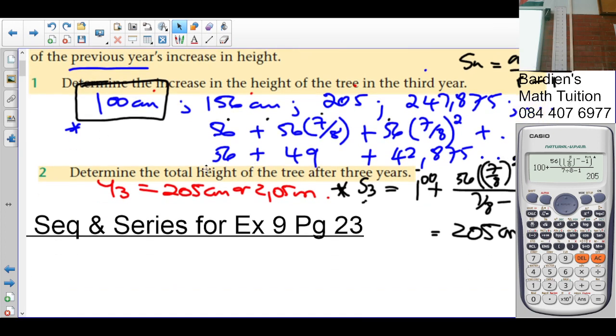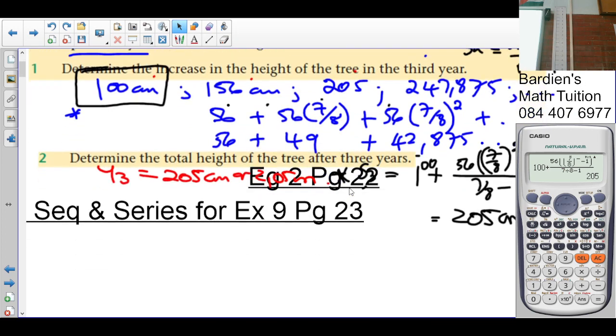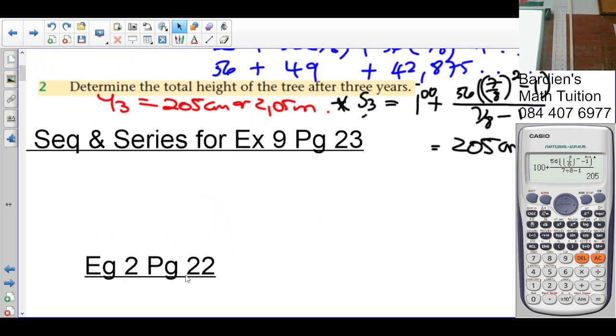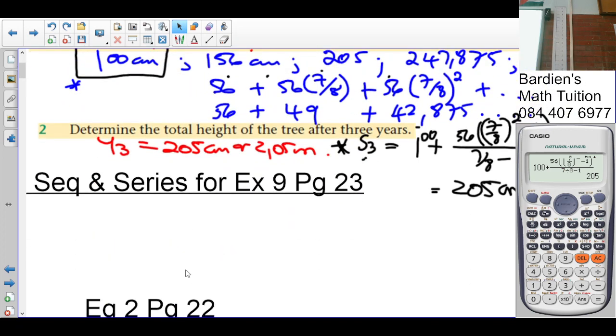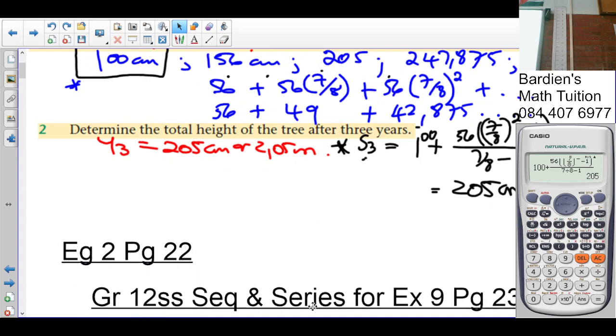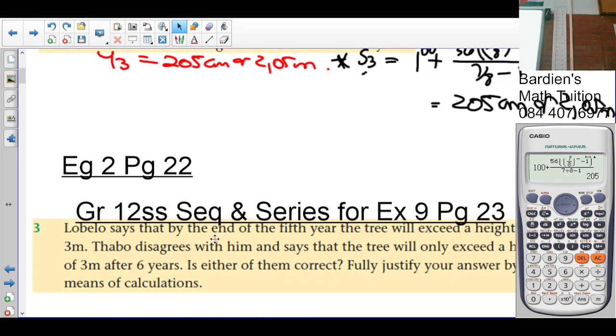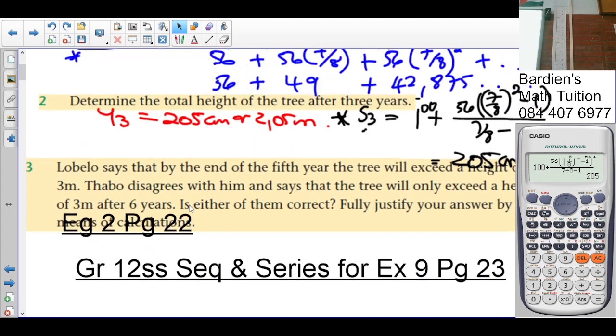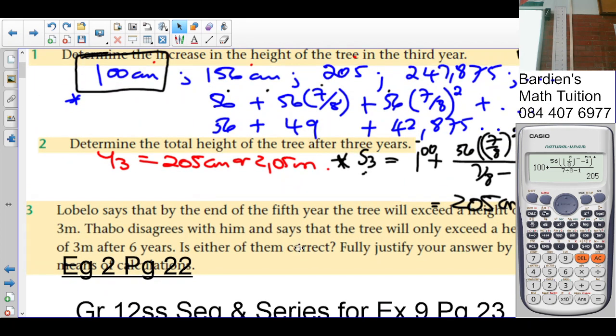The next question says, I'll just pull this down here. I just need the pattern maybe. Question 3 says, I'm going to take this off here.